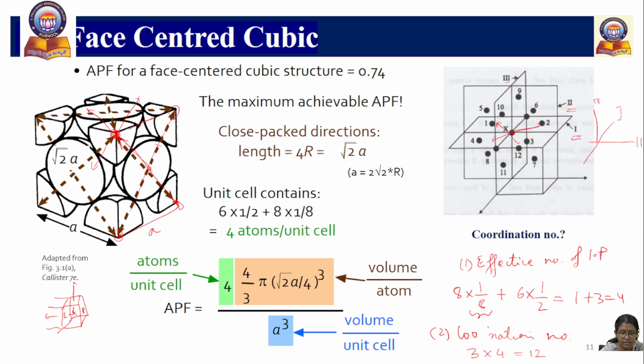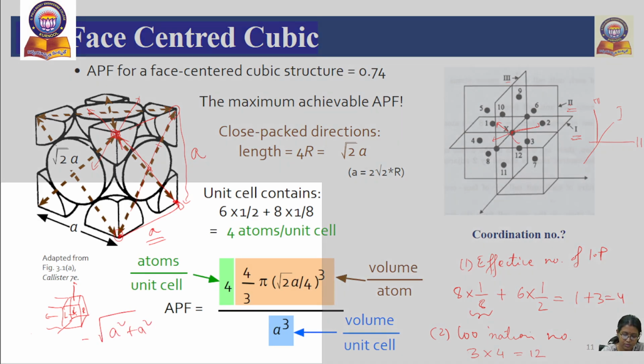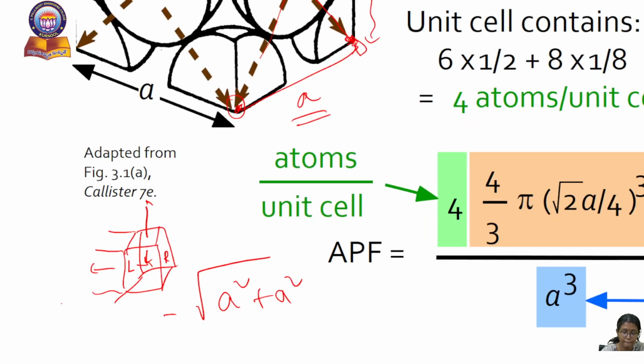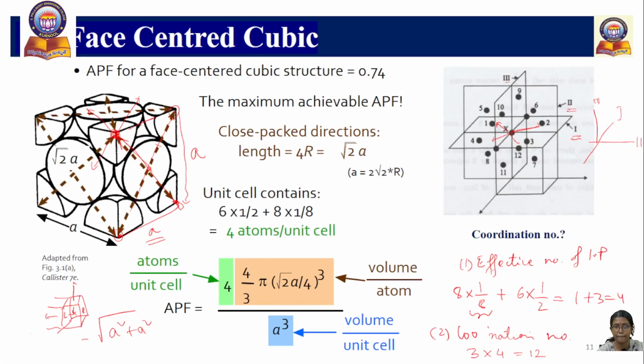The face diagonals must be equal because we are talking about the cubic system. So you will use the Pythagoras theorem. This is a, this is also a. Using Pythagoras theorem, it is the square root of a square plus a square, so this face diagonal is root 2 a.